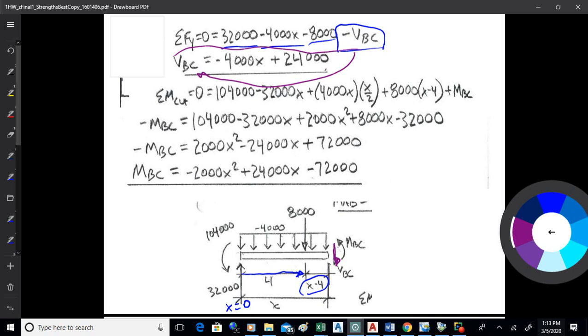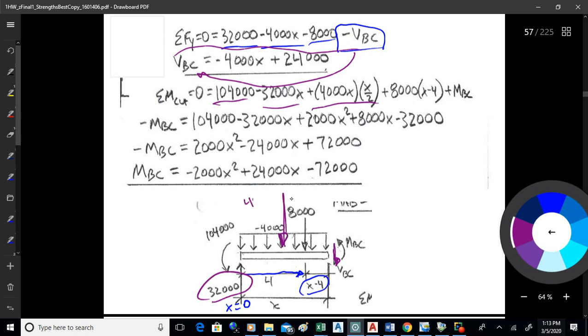And then the moment equation there, often I look at the shear equation because it has areas on it which represent the loads. So when I do the moment equation, I got the 104,000 positive. I've got minus the Y reaction times X clockwise. Then I've got plus that downward load, which is the 4,000 times X. Okay, it's shown right there. Then I need a moment arm for it, and that's in a rectangle. That's in the middle of the rectangle, which is a moment arm of X over 2.